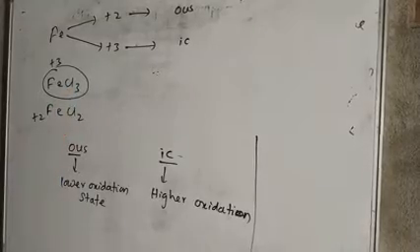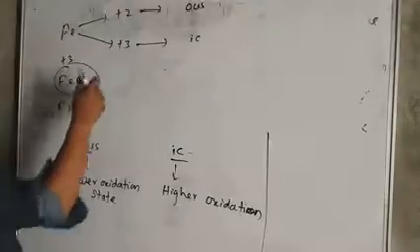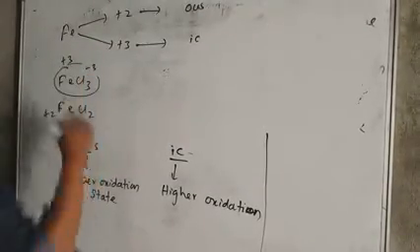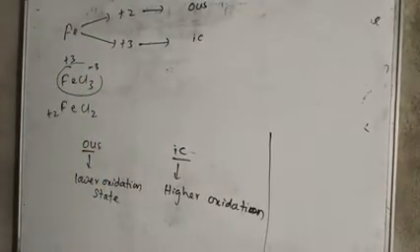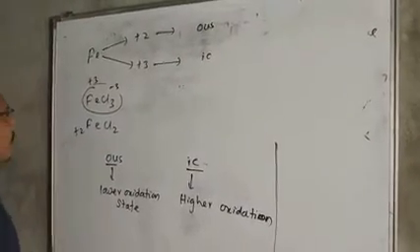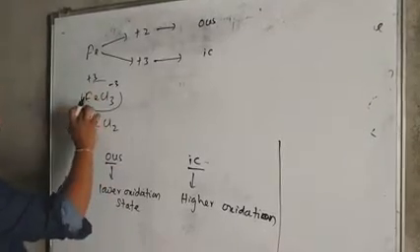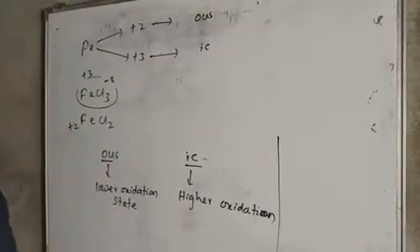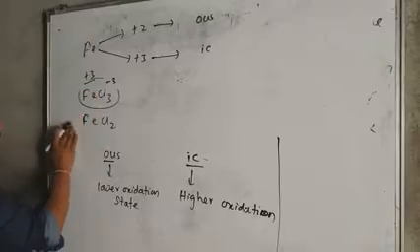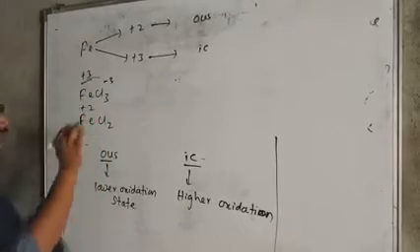There are 3 chlorine atoms present. We know that the oxidation number of chlorine is -1, so for 3 chlorine atoms we put -3. Since it is a molecule, the summation of the oxidation numbers of iron and 3 chlorine atoms must be 0. So the oxidation number of iron is +3. Like that we can calculate the oxidation number of iron in FeCl2 as +2.